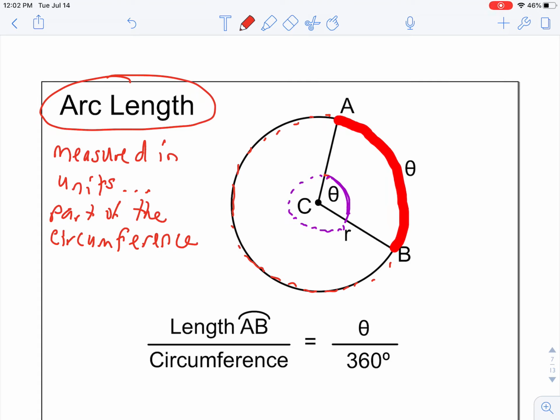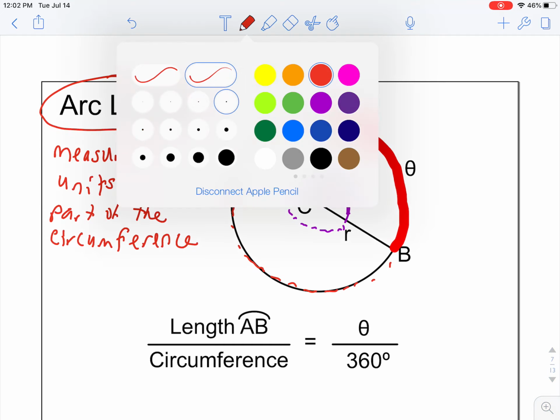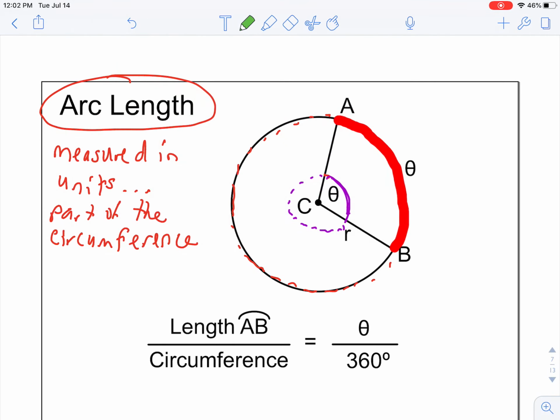So you can actually set up a ratio: the arc length compared to the circumference will be in the same ratio as the degree measure compared to the whole circle, 360. And we can use that to solve. Now, let me show you a quick little example to try to convince you.